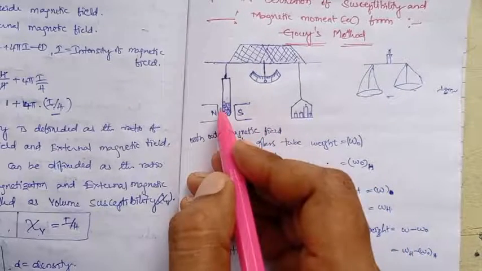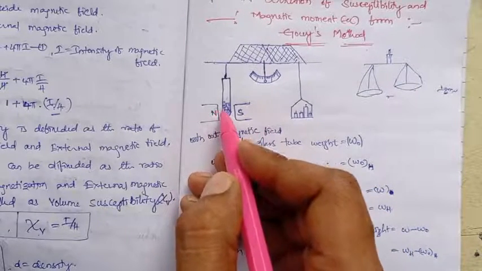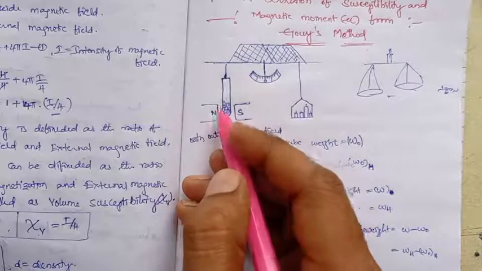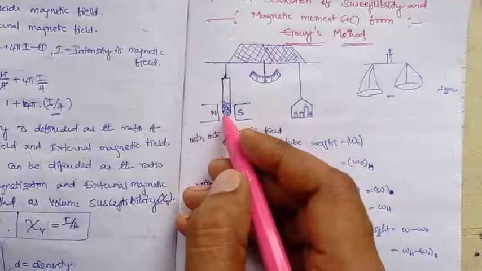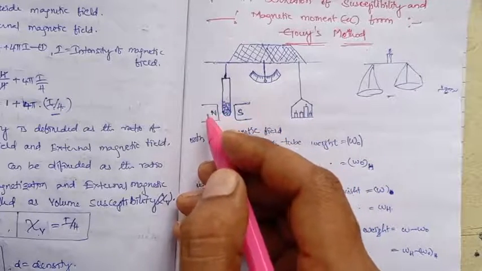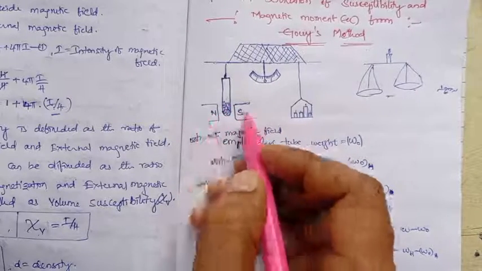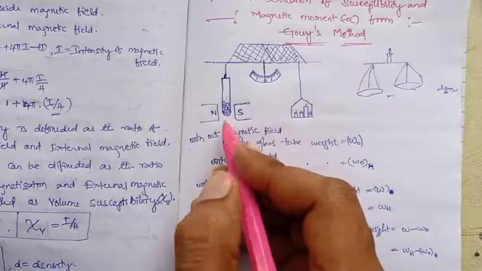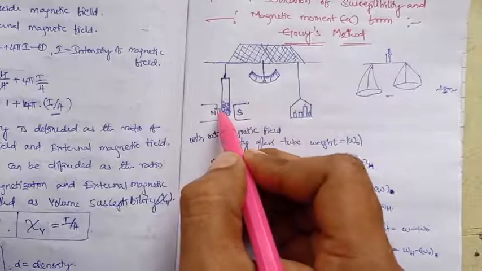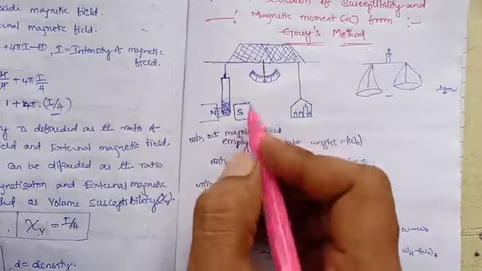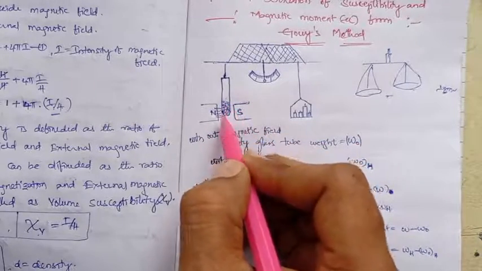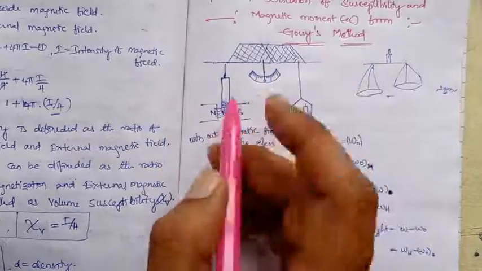Then the second time, if you apply a certain magnetic field between the external magnetic poles, the magnetic waves have to flow from one end to the other end. To flow here, the diamagnetic substance will restrict the flow.